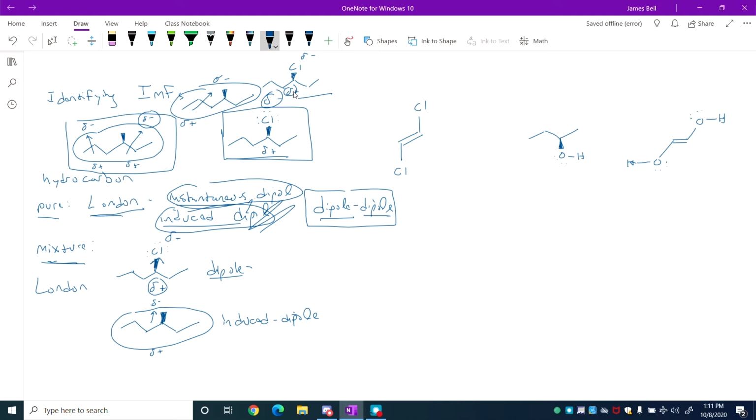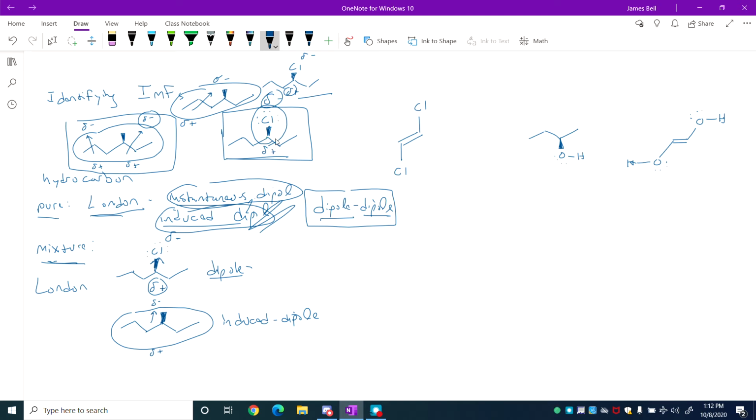Are these molecules capable of London forces? Yeah, anything's capable of London forces. So the electronegativity difference here between the chlorine and the carbon predicts I'll have a negative end and a positive end. But the cloud that these shared electrons exist in, that molecular orbital, is still a cloud, it's still fluid, it can still shift around.